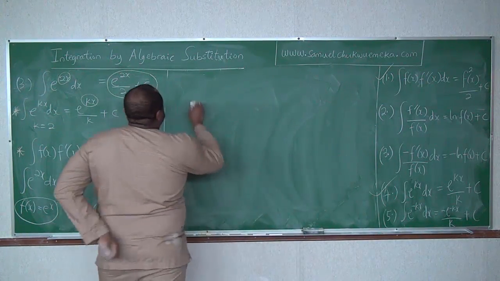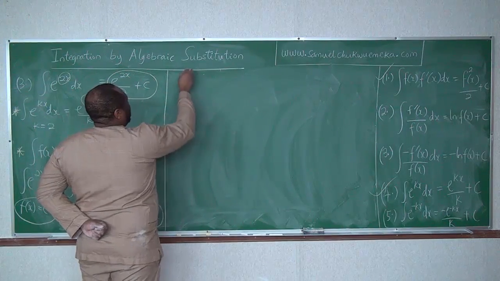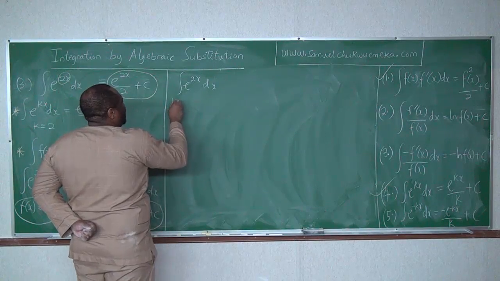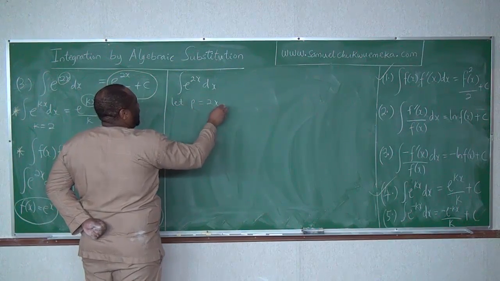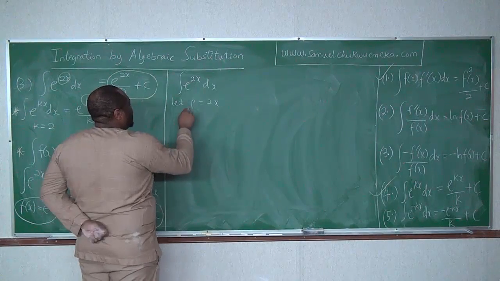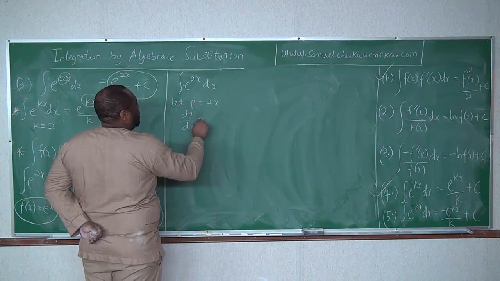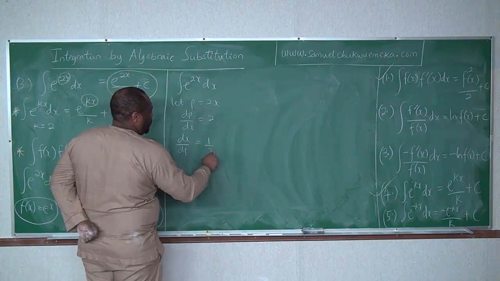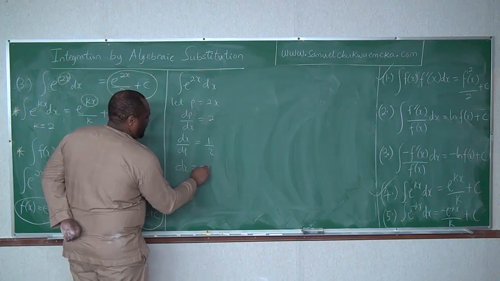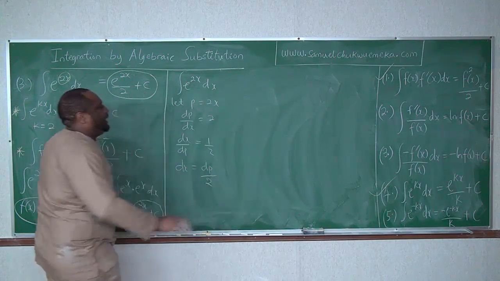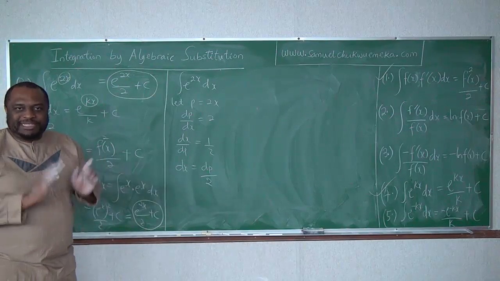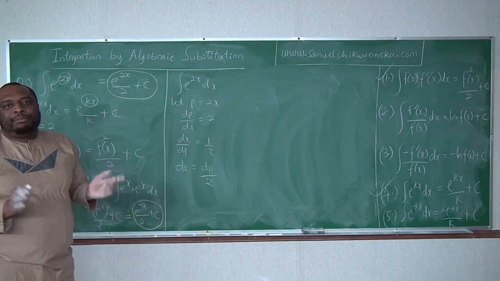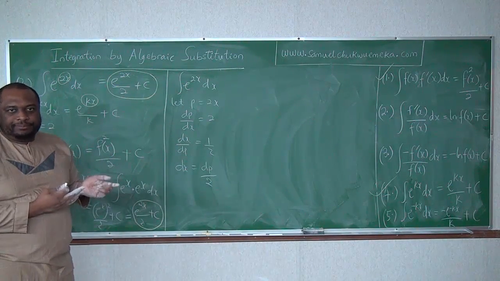If we do it normally, e to the 2x dx, we still have, let p be 2x, the p dx is 2, the x dp is 1 over 2, the x is the p over 2. You see, I am not skipping any step. I am showing all steps. I am showing all my work. See that?